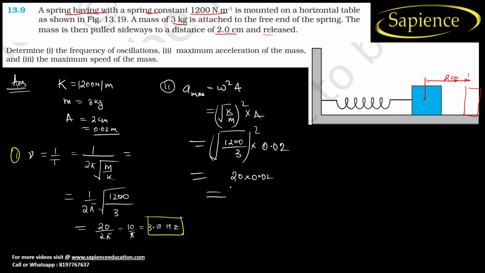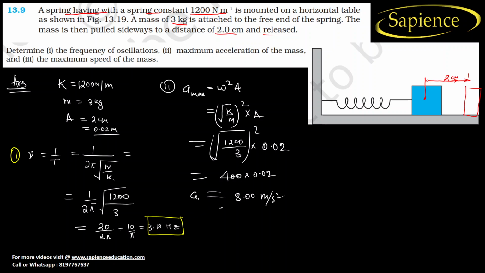This will be omega square, so omega square means 400 only. It will be 400, not 220. So 400 into 0.02 will be 8.00 meter per second square.